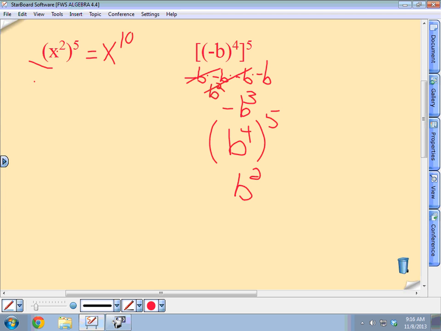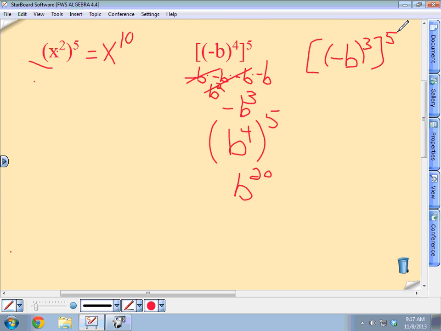When you took your negative b and raised it to the fourth power, it became positive because this is an even number. What if this was an odd number? Weston, let's do negative b cubed to the fifth power. What would that be? Positive b to the 15th. Who else agrees with that?